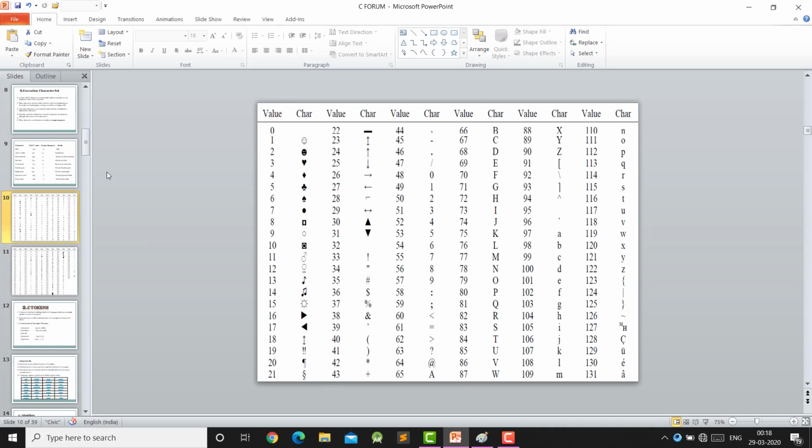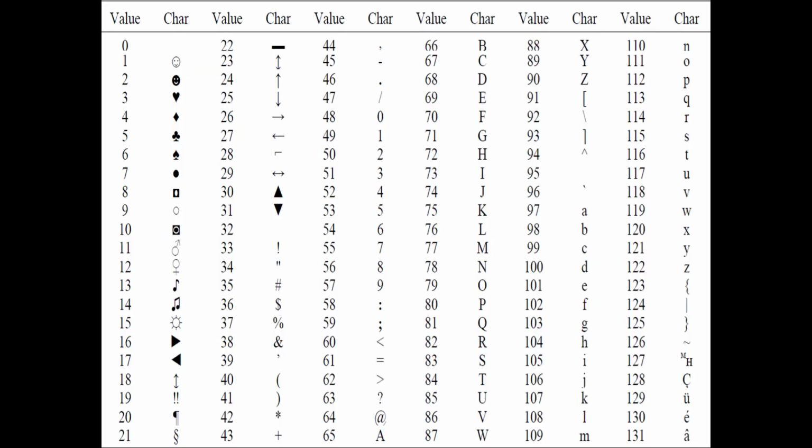ASCII characters are some codes. The full form of ASCII is American Standard Code for Information Interchange. The name itself suggests that it is some kind of code given to any symbol or alphabet. These are examples of ASCII codes given to alphabets, special characters, and digits.